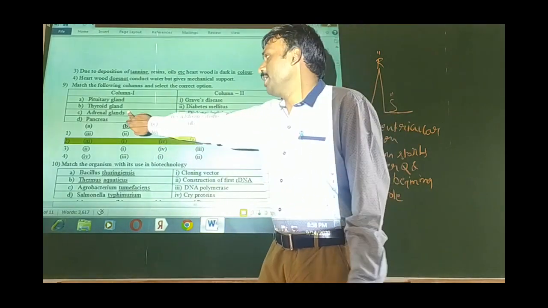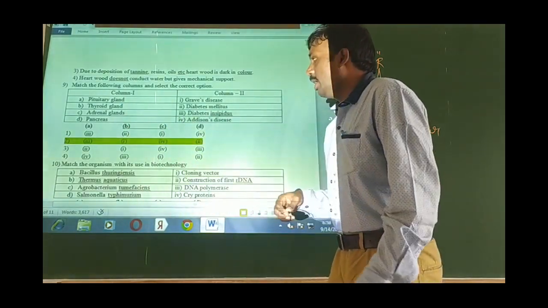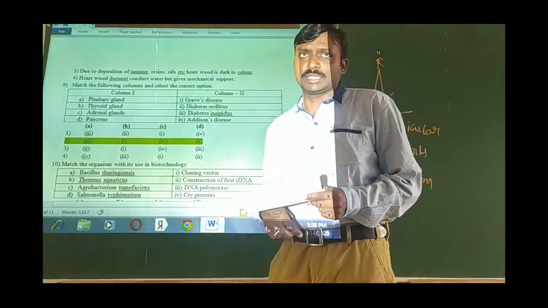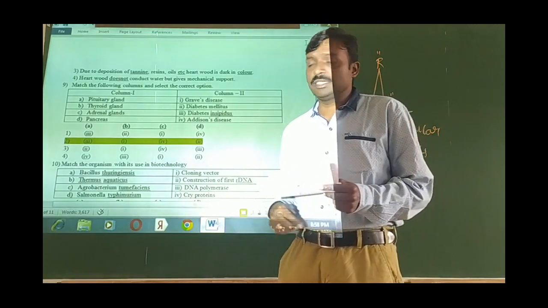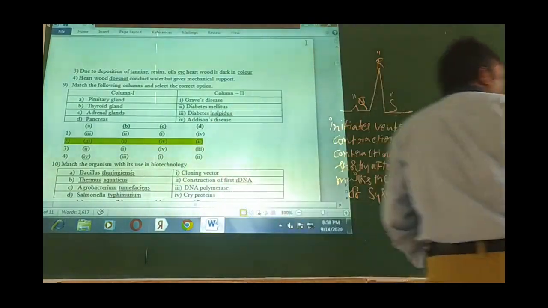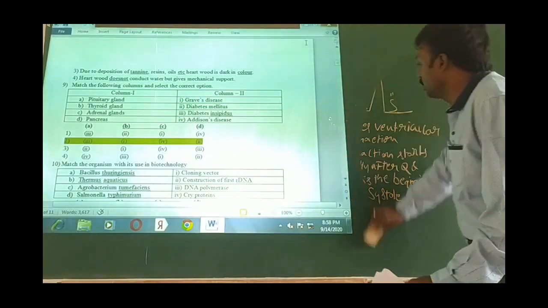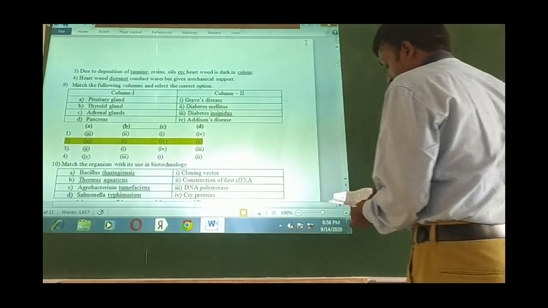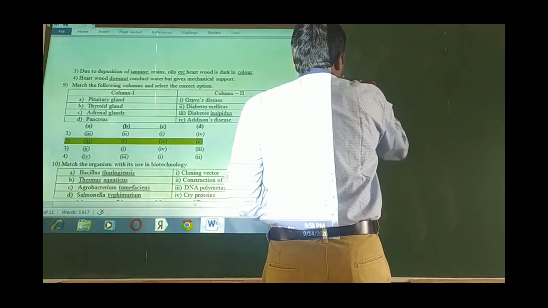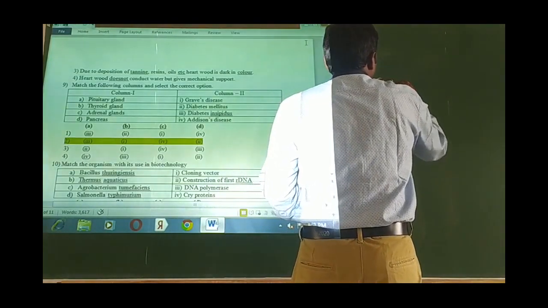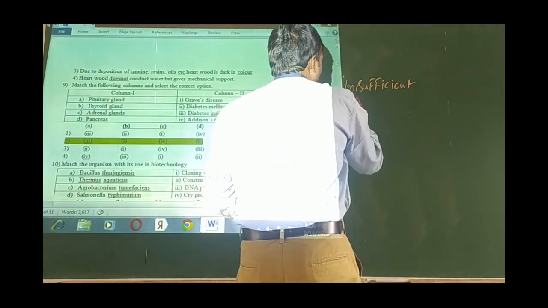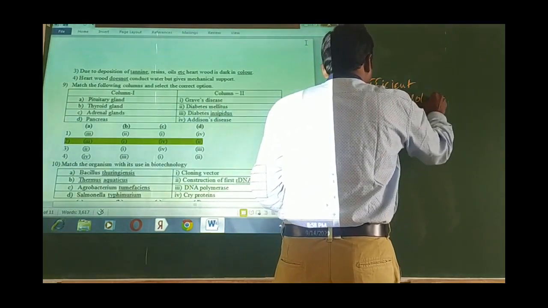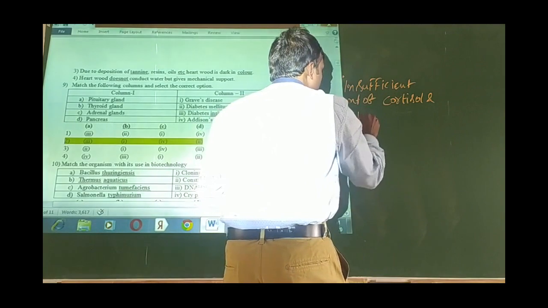Okay. Then adrenal glands. If these adrenal glands become abnormal, then a disease namely Addison's disease is caused, and this Addison's disease is due to the failure of adrenal glands, with insufficient amounts of cortisol and aldosterone.